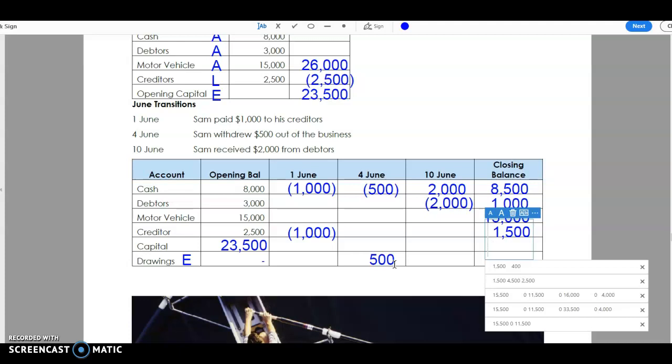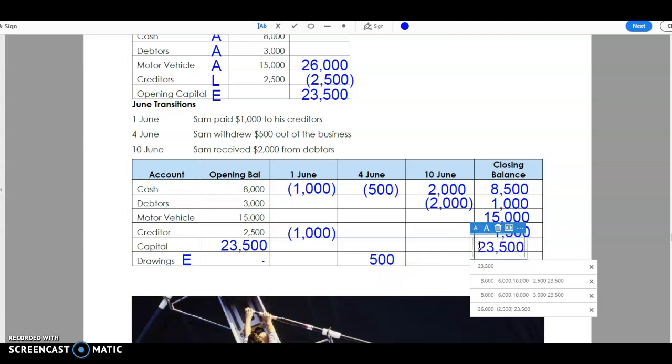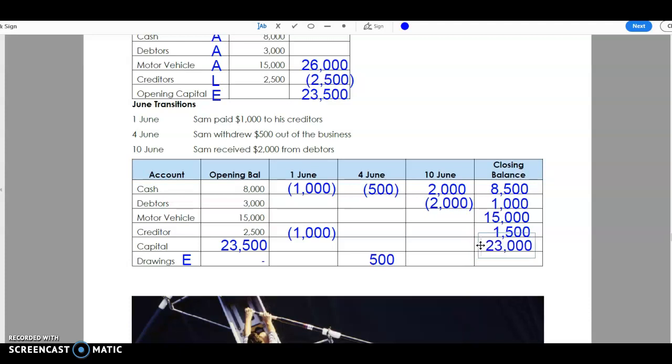Our closing capital balance will be, I'm going to do it like this, just so it's all neat and tidy underneath each other. It's not 500, it's 23,000. Opening balance of 23,500, less 500 of drawings, gives us a closing capital account of $23,000. I've used the balances of these accounts.